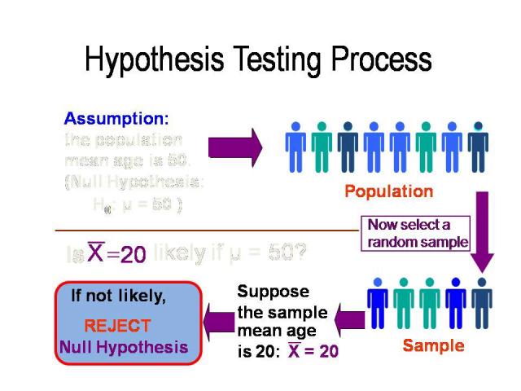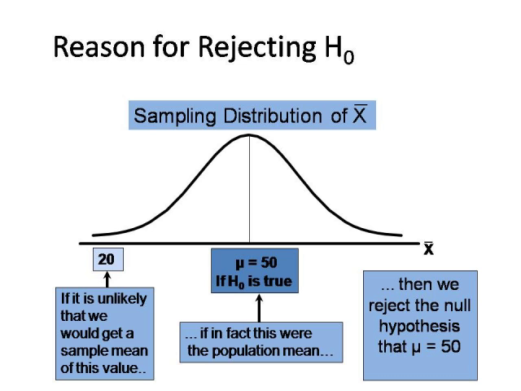Likely, not likely, we need to be much more specific than that, and we can be because of all that sampling distribution theory. Remember, if we know the distribution of x, we know the distribution of x bar. What we're saying is that if the null is true, the mean of our sampling distribution would be 50.